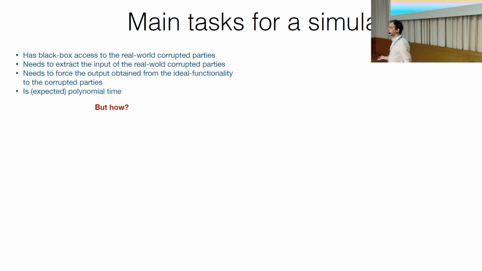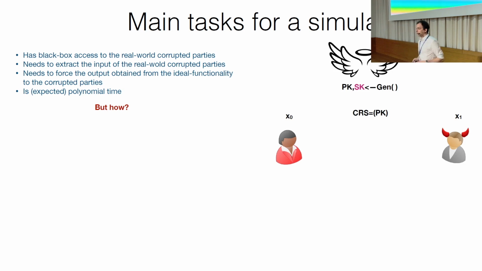But if you have such an algorithm, then maybe an adversary can do exactly the same thing. If a simulator can do that, why can't an adversary use this procedure to extract inputs from corrupted parties? So what is the leverage that the simulator has compared to an adversarial party?